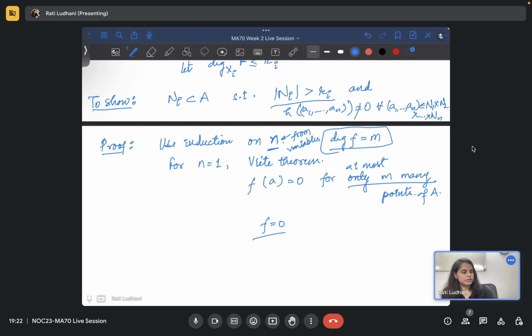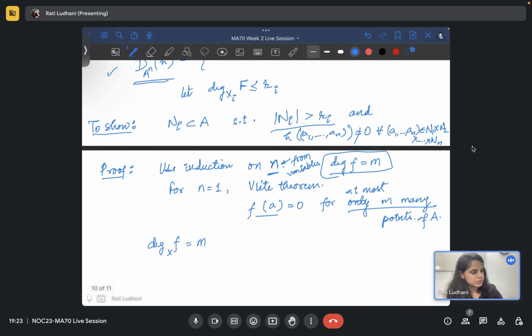But we know that degree of f is equal to m, and that n1 is greater than m. So I should write what we are assuming in terms of h.